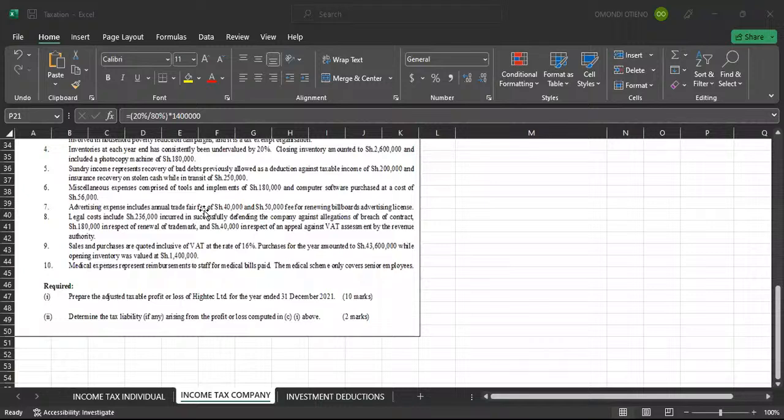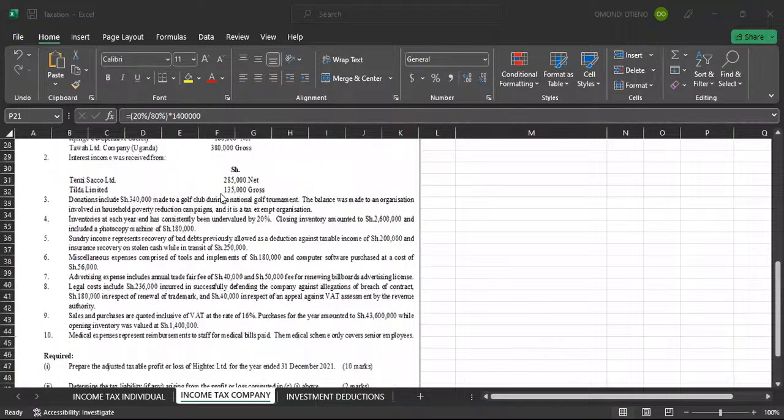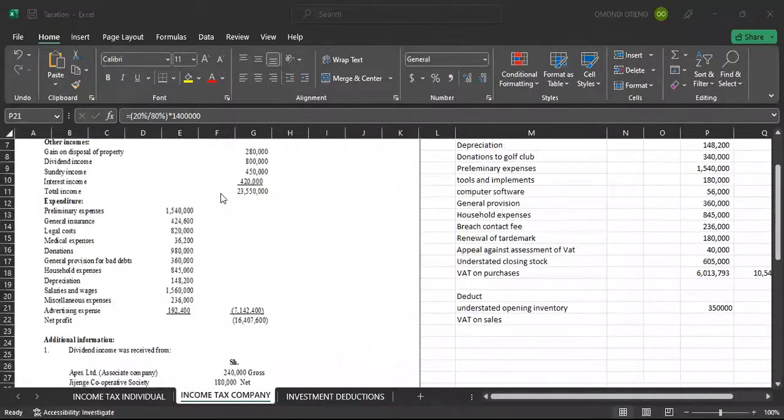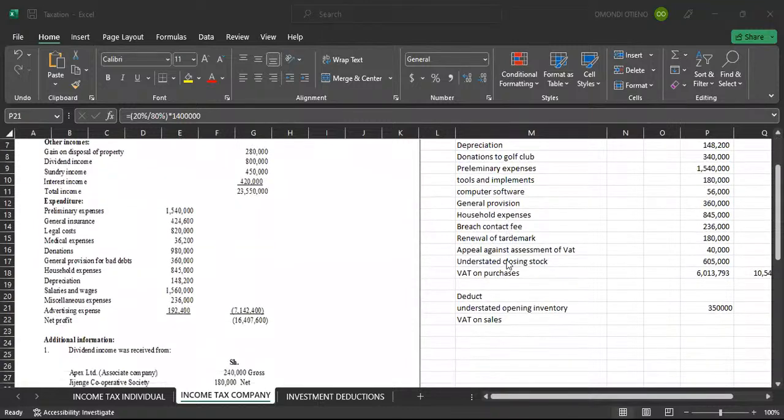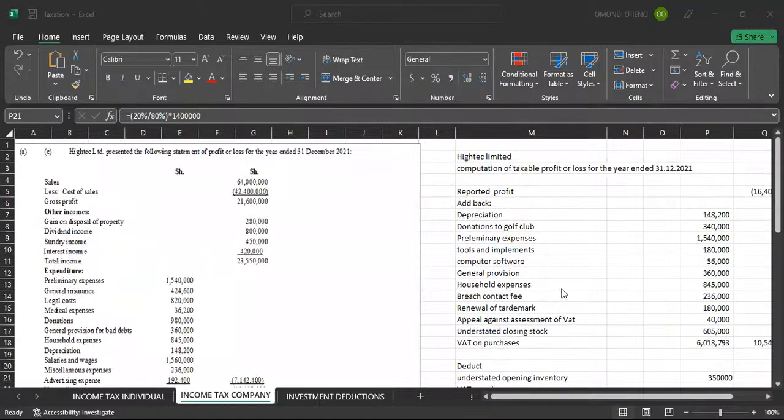Do we have the value for sales given to us? The value for sales is given up here as 64 million. So we want to deduct, remember the income which was recorded here included the VAT amount.